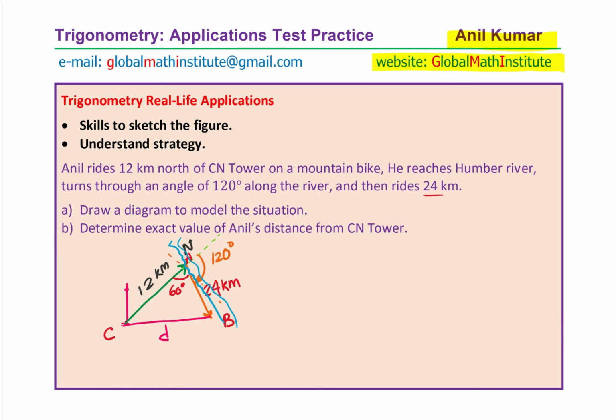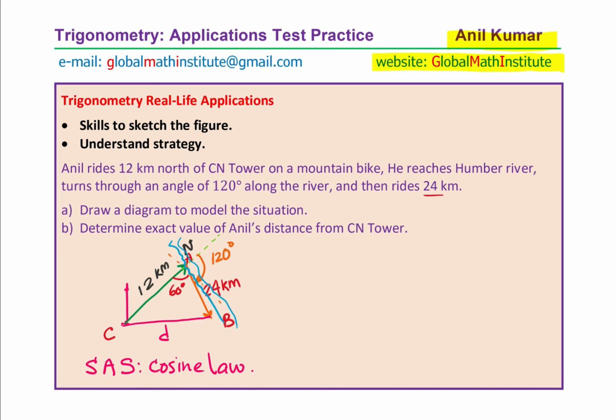Now, once you have drawn the diagram, it is so simple. We are given two sides, 12 kilometers and 24 kilometers, and 60 degrees is the angle in between, so we can easily find CB. One strategy you could use is the cosine law. In this situation, we have two sides and the included angle, so definitely cosine law.